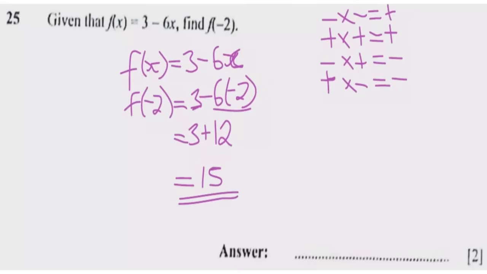So here we can see f of negative 2 is equal to 15, using that function. If you have got questions, you can ask in the comment section. We'll be glad to respond to your comment. Otherwise, this is how you go about it.